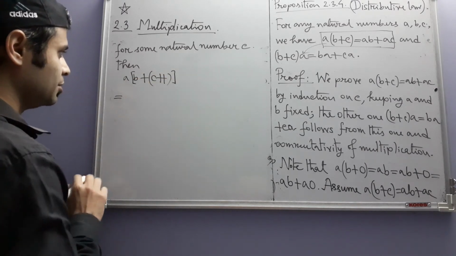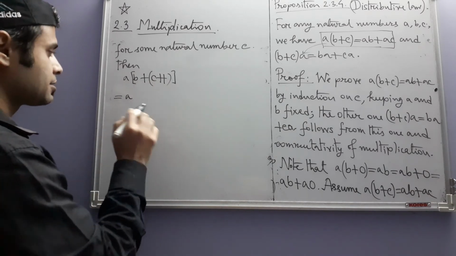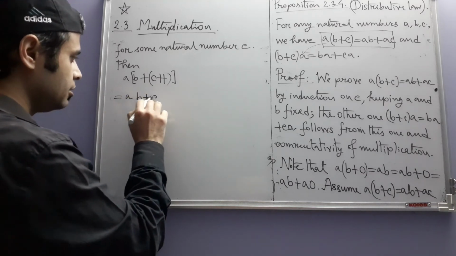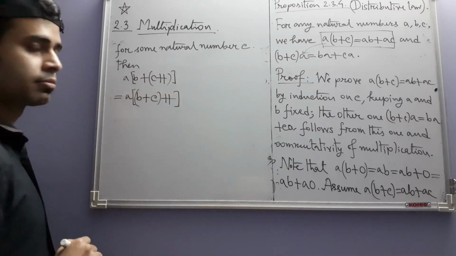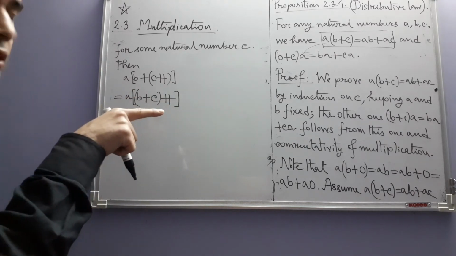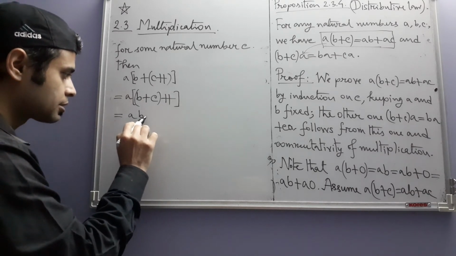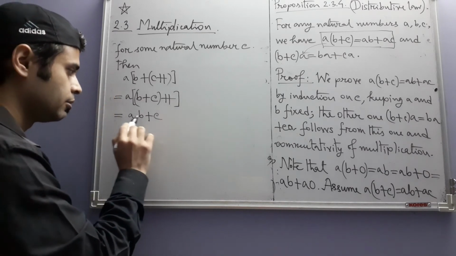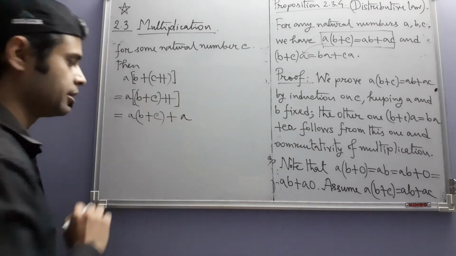Okay, what does this give me? A times, B plus C++ is actually the successor of B plus C. Now, by something that we have already proved while proving that multiplication is commutative, this is equal to A times (B plus C), plus A, yes.